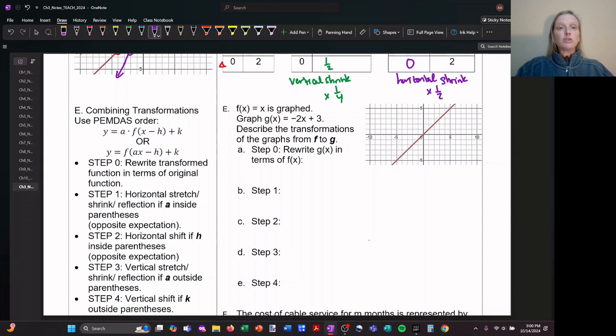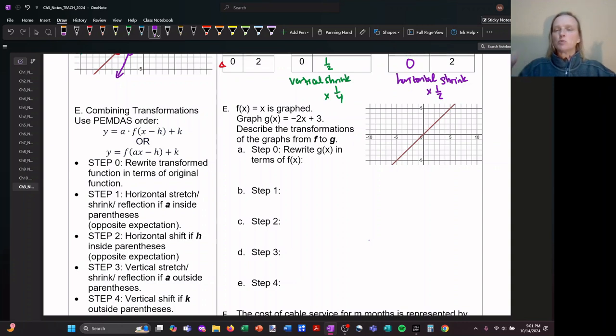When you're combining transformations, you basically apply your transformations in PEMDAS order. So you are going to think about your stuff in parentheses first, because that's the P in PEMDAS.